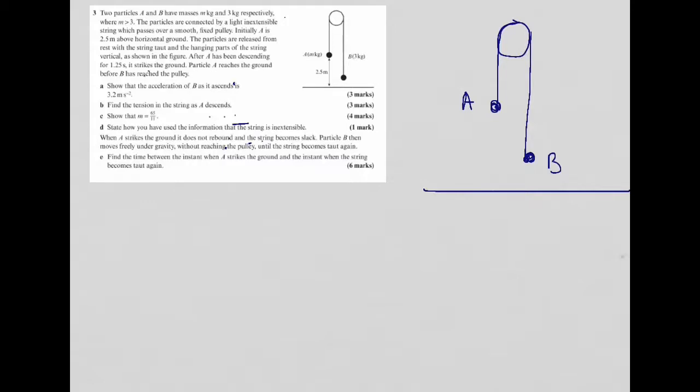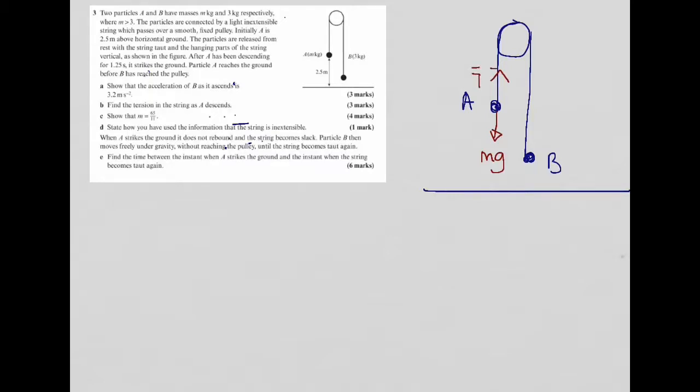So for A, and I'll draw this in a different colour, this is going to be mg, the force, which is its weight acting downwards, and acting upwards in the string is tension.